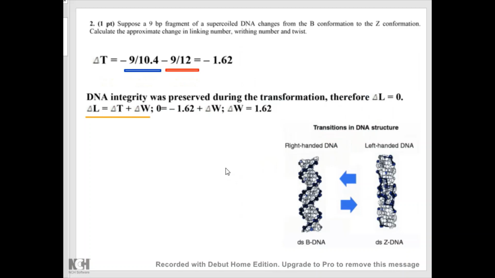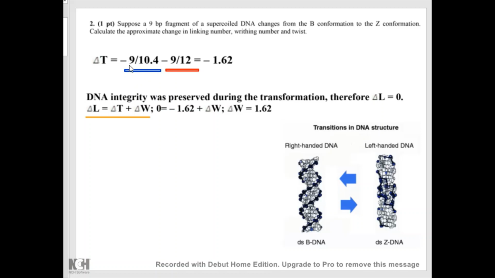Okay, and in order to calculate the twist, we will calculate how many turns we are losing when we unwind BDNA, and then how many turns we gain when we make left-handed DNA. Okay, so I have minus here, minus here. So these minuses come due to the definition that when we rotate counterclockwise, we add negative turns.